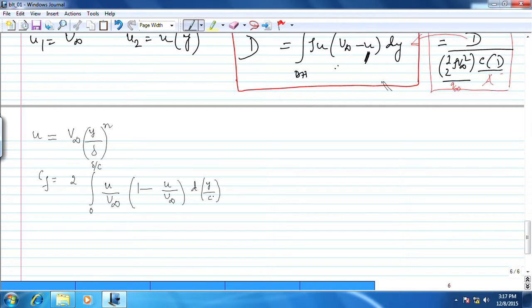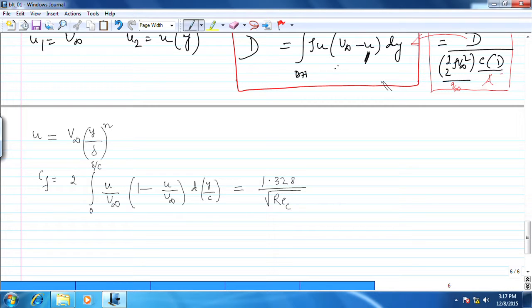Basically we are non-dimensionalizing the lengths by the chord length, so you have delta by c and y by c. This whole thing is equal to 1.328 by the square root of Re of chord.